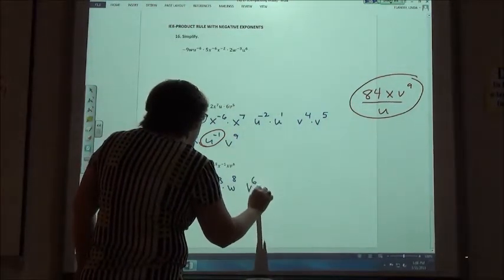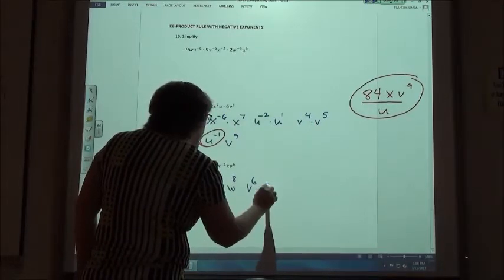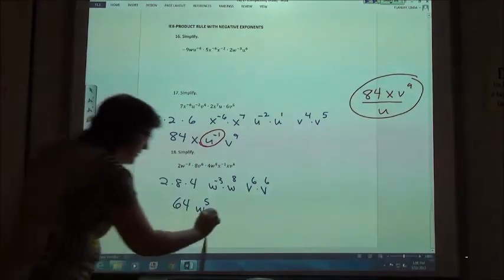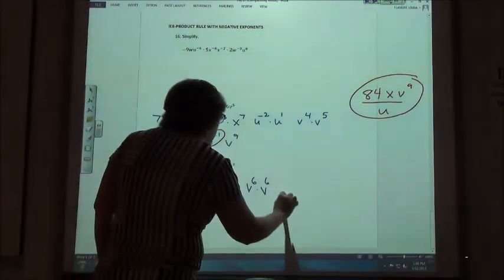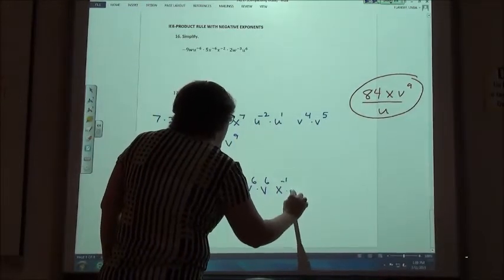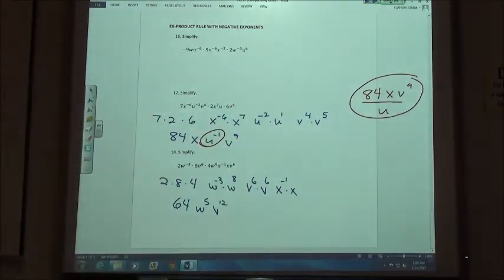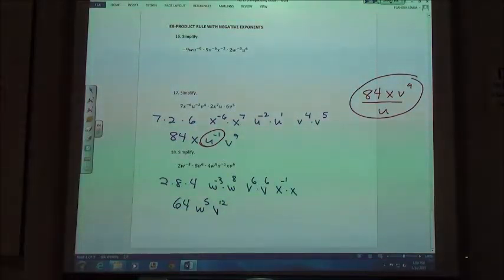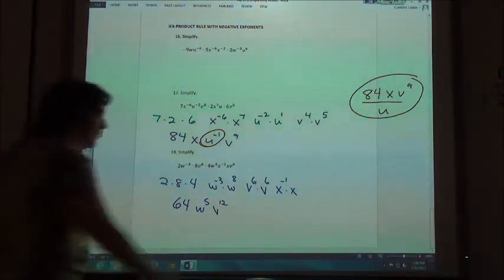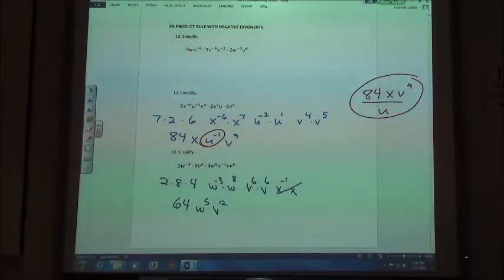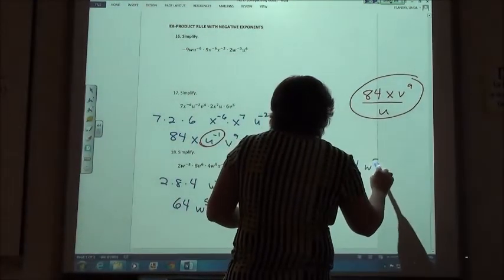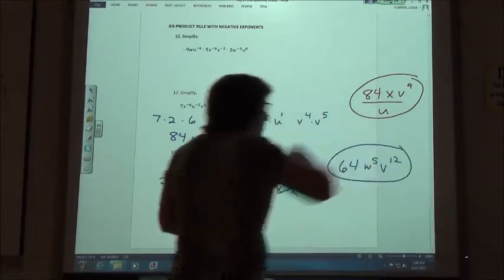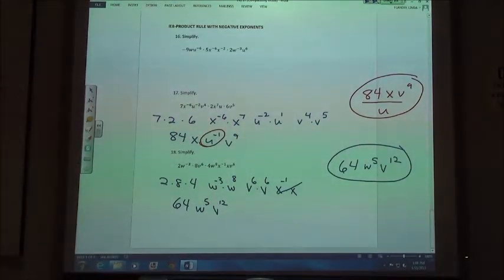V to the 6th times v to the 6th would give me v to the 12th. Exactly. And then I'm going to have x to the negative 1 times an x, which, what happens with that? It's x to the 0, which cancels that out of there, right? On this one, we don't have any negative exponents, so our answer is just the 64, w to the 5th, v to the 12th. I don't have to move anything to the bottom since I didn't have any negative exponents.